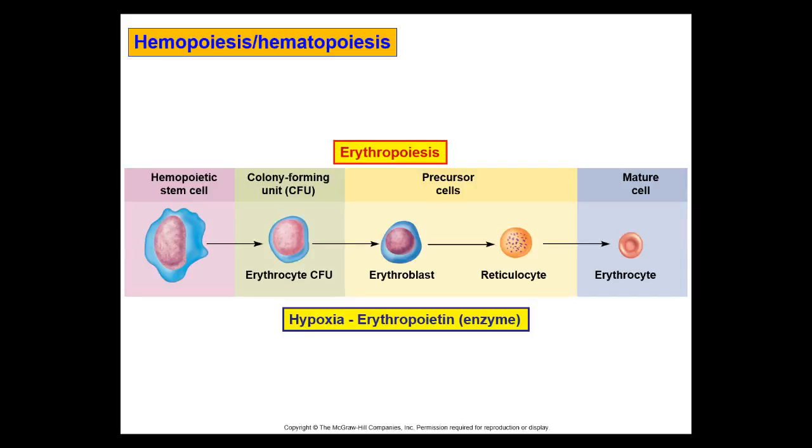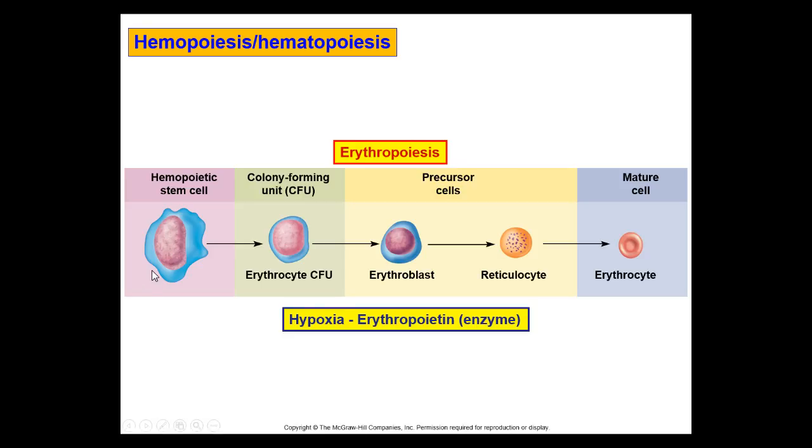When low blood levels of oxygen are detected at the kidney, the kidney picks up on the fact that the oxygen levels in the blood are low, and it will release an enzyme or hormone. This is called both in different references. It will release a hormone or enzyme referred to as erythropoietin, EPO.